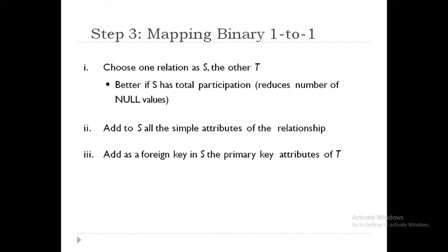If it is having total participation, then in that relation you include the simple attributes of the relationship type, and the primary key attribute of the other relation. Okay, and this primary key of the other relation will become the foreign key. We'll see the example now.